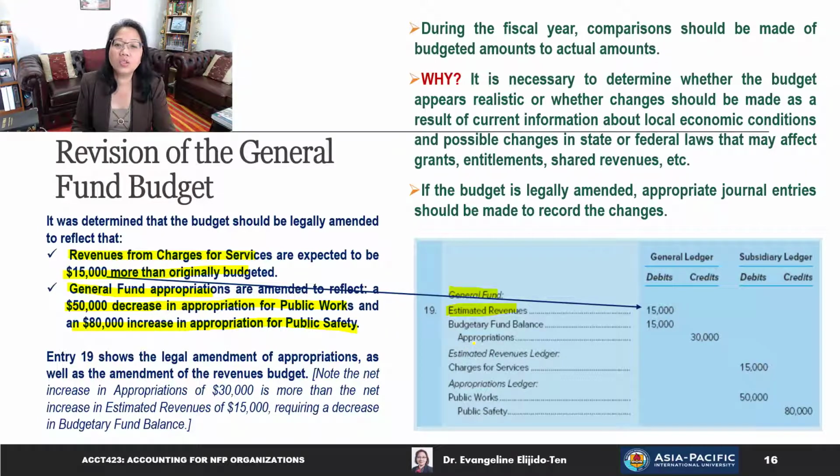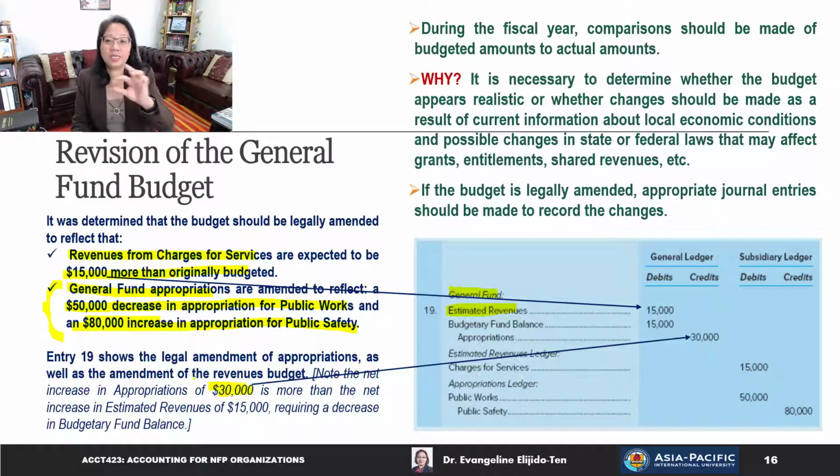We will also need to credit the appropriations because these general fund appropriations have been changed. 50,000 versus 80,000, a difference of 30,000, right? And which one is higher? Well, the increase in appropriations would be a 30,000 difference, right?